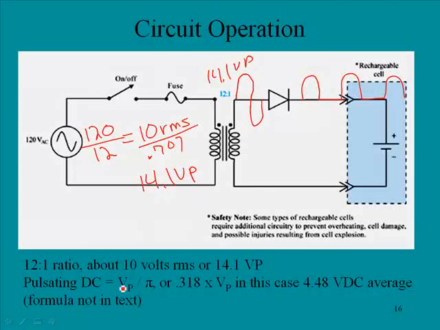You take voltage peak divided by pi, or 0.318 times the peak voltage, and so in this case it would be 0.318 times 14.1, or 14.1 divided by pi. At any rate, it's going to yield a value of about 4.5 volts DC, and that would be the average level delivered to this rechargeable cell over here.